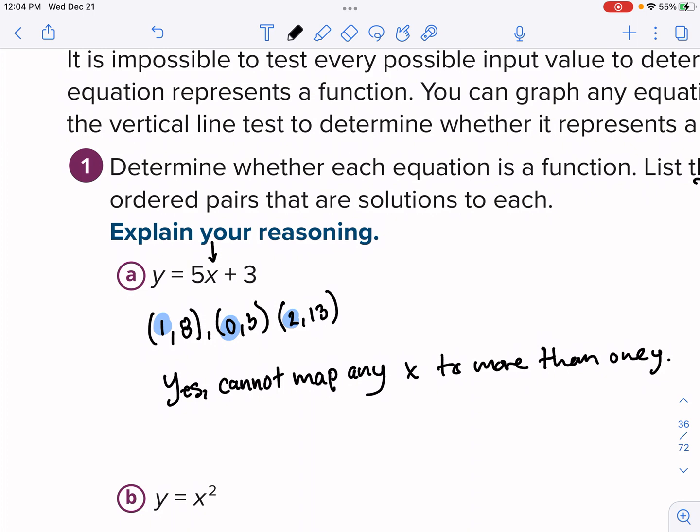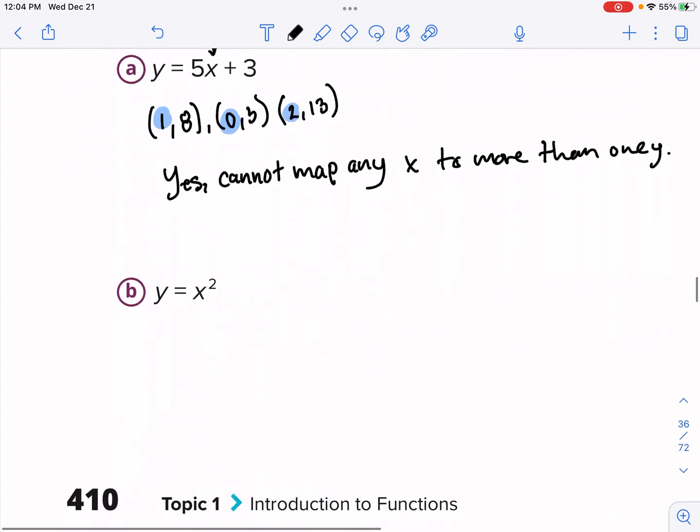Let's move on to b here. So let's plug in the same things. I'll plug in a 0 in for x. 0 squared means 0 times itself twice, so it's 0 times 0, and 0 times 0 is just 0.